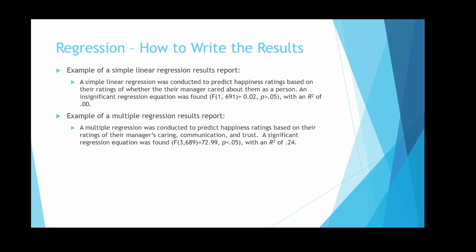You do not need to put the exact p-value, just put if it's greater than or less than 0.05. So then you're going to close parentheses, comma, with an r squared. Make sure that 2 is superscript, and it should be italicized, of point whatever, round 2 places past the decimal point. Let me point out where those values are.